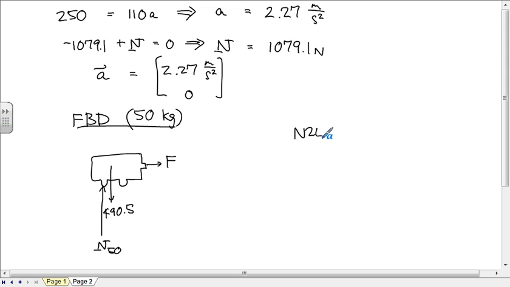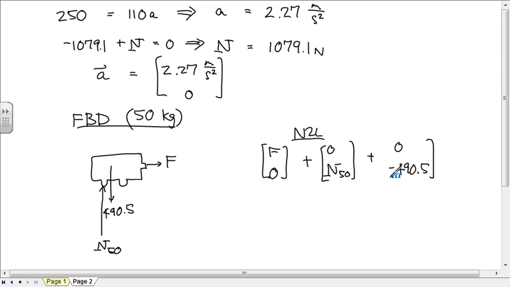So Newton's second law says F0 plus 0 N50 plus 0 negative 490.5 is equal to the mass, 50, times the acceleration vector, and now we know what that vector is, so 2.270.